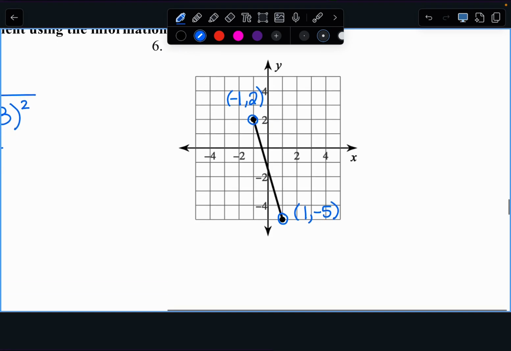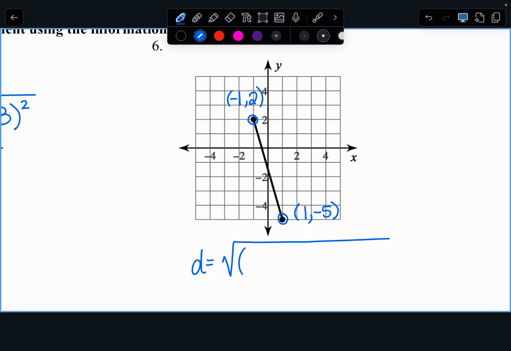Now we're going to do the same thing, finding the distance between them. Square root. It doesn't matter which one you have first, either the left point or the right point, as long as you're consistent with it.